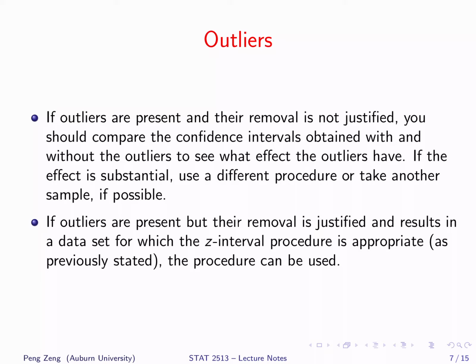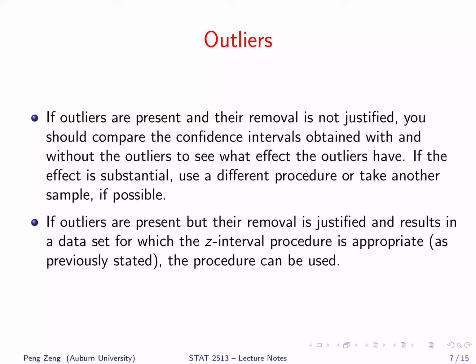It is also possible that outliers are legitimate. If outliers are present and their removal is not justified, you should compare the confidence interval obtained with and without the outliers to see what effect the outlier has.